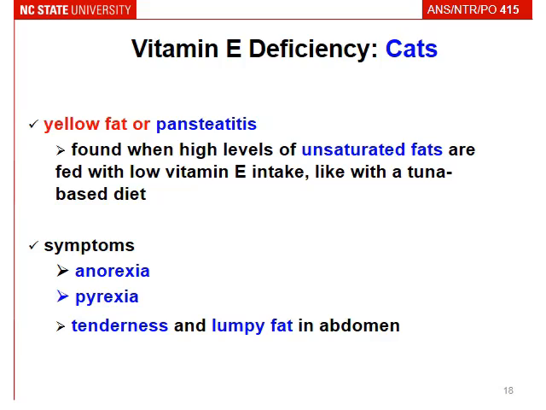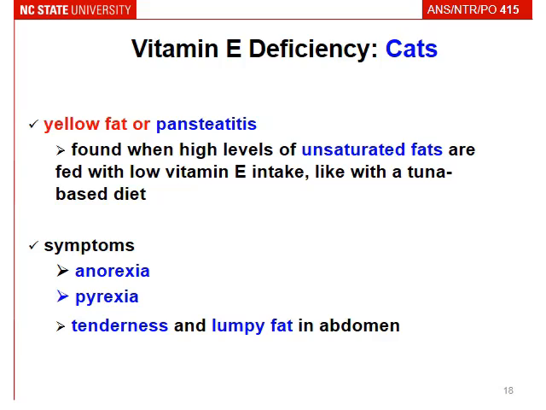So cats are also susceptible to vitamin E deficiency. They get yellow fat, and this is observed more if you have a cat owner that really thinks cats need to only eat fish. As you recall, fish have a lot of polyunsaturated fatty acids. We have a lot of EPA and DHA, and those specifically have a lot more unsaturated or double bonds within them.